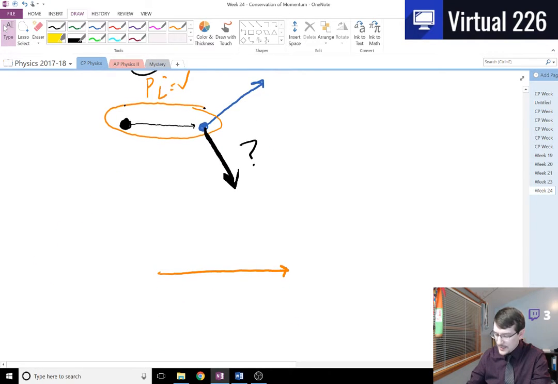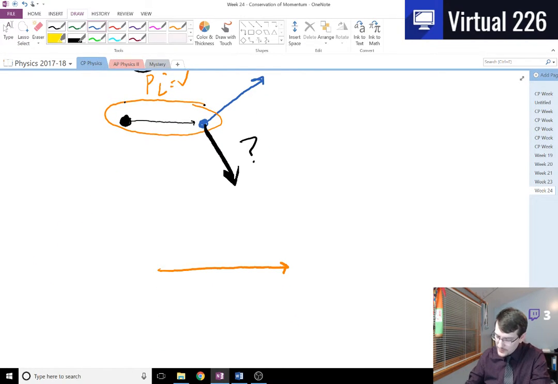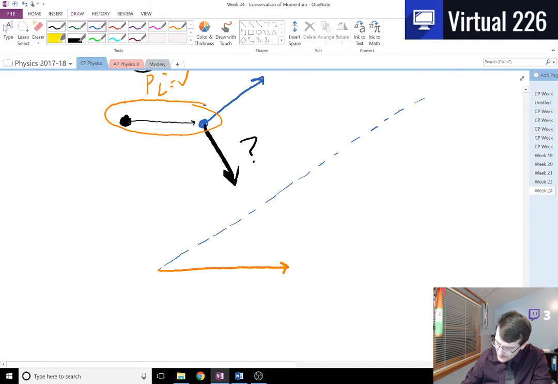I know the blue 3 ball goes out at this angle, but I don't know how long its momentum vector is, because remember, momentum is a vector. It has some length and has to end with an arrow somewhere. I just know it's along that line because I can watch the ball go.